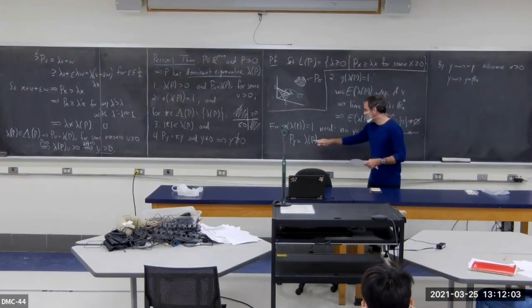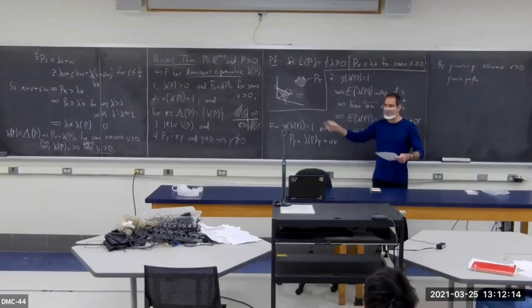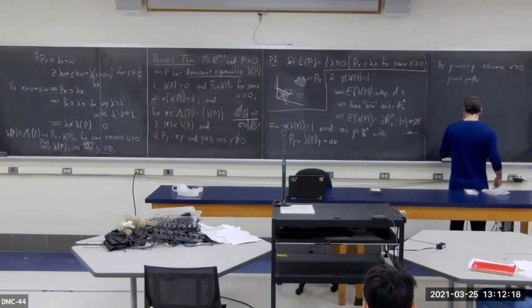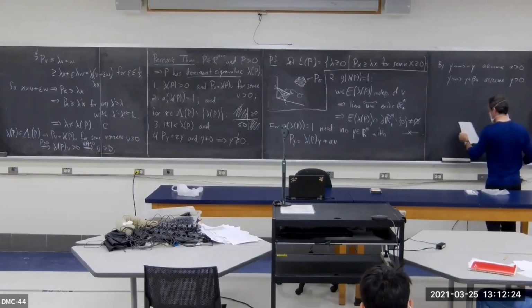If I change y by adding a multiple of v, it's not going to change this statement, right? This is a statement about the span of y and v, not about y itself. So I can move y around by adding multiples of v at will and not change anything. Okay? So I can assume that y itself is bigger than 0.